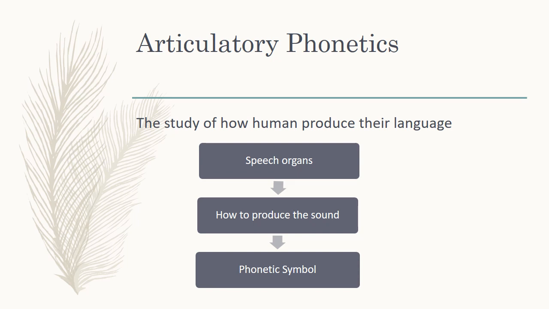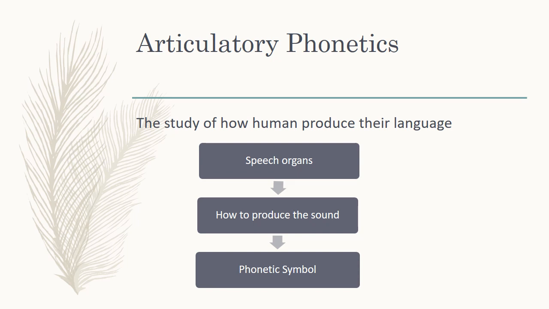And then next we're going to discuss how to produce the sound. When you already know about the kinds of speech organs and their functions, then you are going to learn how those speech organs produce the sound.